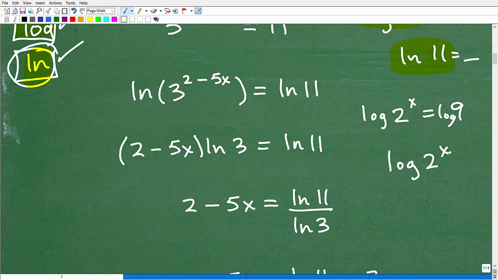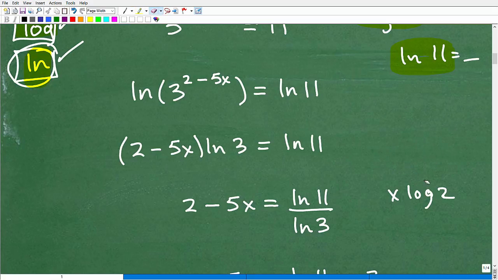There's a property of logarithms that says when I write the log of a power, where I have a base and an exponent, I can bring that exponent down: x log 2. This is a hugely important property of logarithms, and it's the key to being able to solve these exponential equations. When I said you should already understand these properties of logarithms, this is why.